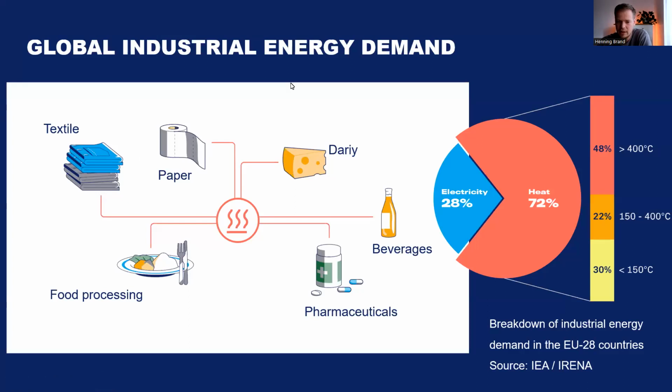So when I say industrial heating, we all consume different goods on a daily basis. We eat, we wear clothes, we use paper, we eat cheese or drink dairy products in different forms, consume beverages and pharmaceuticals. When you look at a factory like this, about 70 to 75% of a factory that produces these goods is consuming heat.